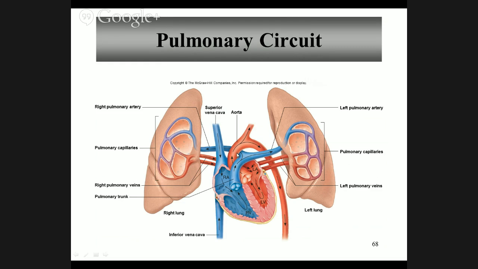It goes left or right into the lungs, into the capillaries. There's gas exchange taking place. The oxygenated blood goes into the pulmonary veins, into the left atrium, through the mitral valve, into left ventricle, out through the aortic semilunar valve to the aortic arch, and then the aorta branches either ascending or descending.